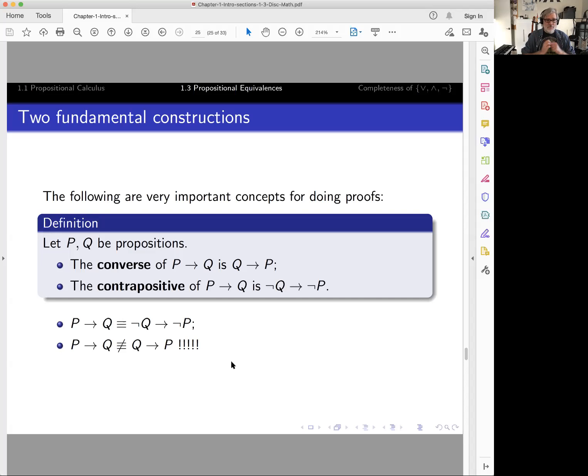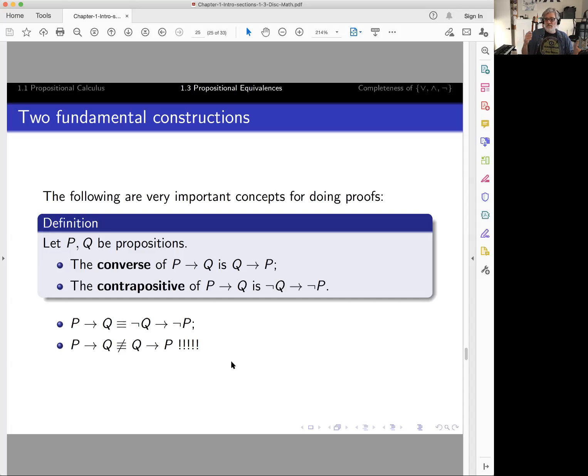Our base proposition is the conditional if P then Q. The converse of this proposition is you flip: if Q then P. That's what we call the converse. The contrapositive of if P then Q is you flip, but you negate both. So if P then Q, the contrapositive is if not Q, then not P.